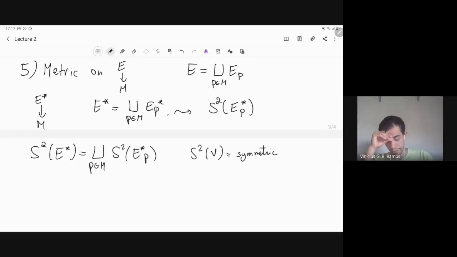Actually, sorry, it's the symmetric product. So if you take S2 of V dual, that's the symmetric two forms.